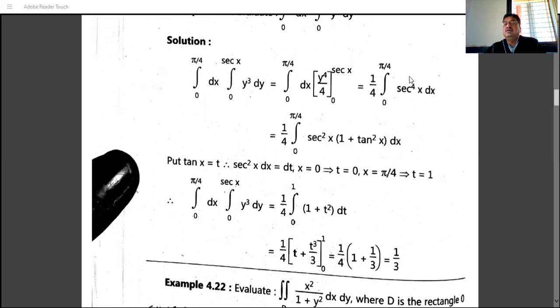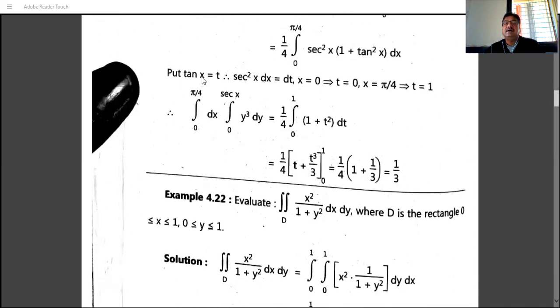Then in order to integrate sec raised to 4 x, we adjust that, right? Sec square x into sec square x, and the other sec square x is 1 plus tan square x, because sec square theta is 1 plus tan square theta. Then substitute tan x as t, then sec square x dx is dt.